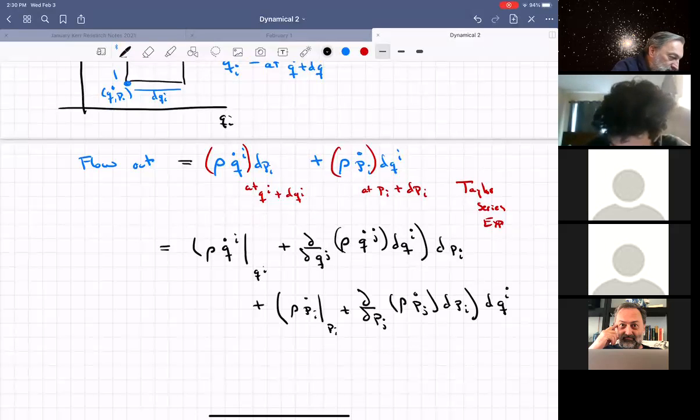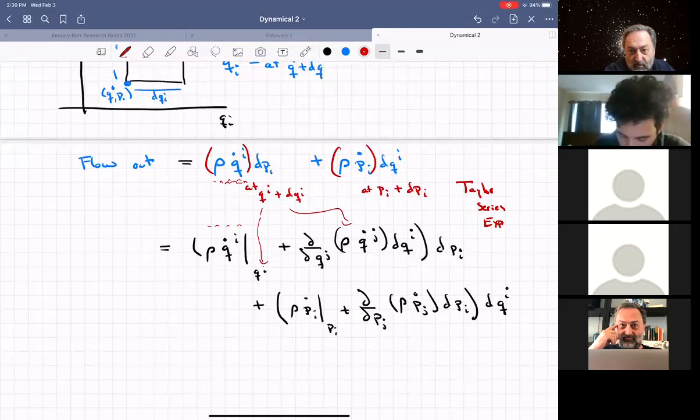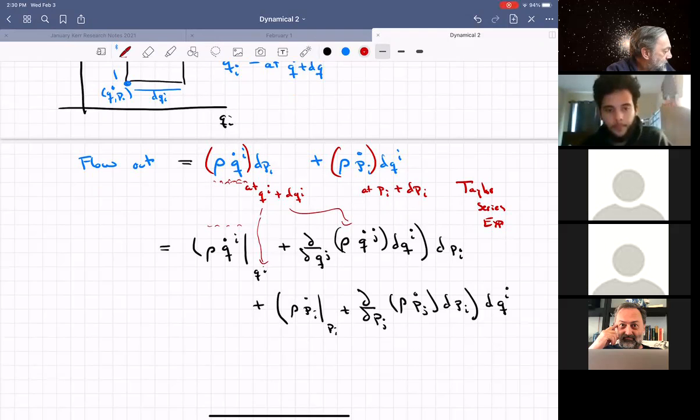Okay, so this Taylor series expansion took the first quantity here in red and said, okay, it's the value at the initial spot plus a derivative moving over a little bit to the right. Same thing on the other term. Great.